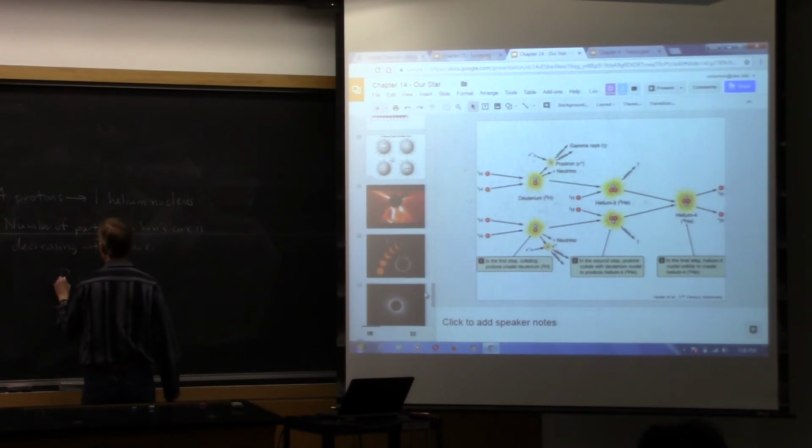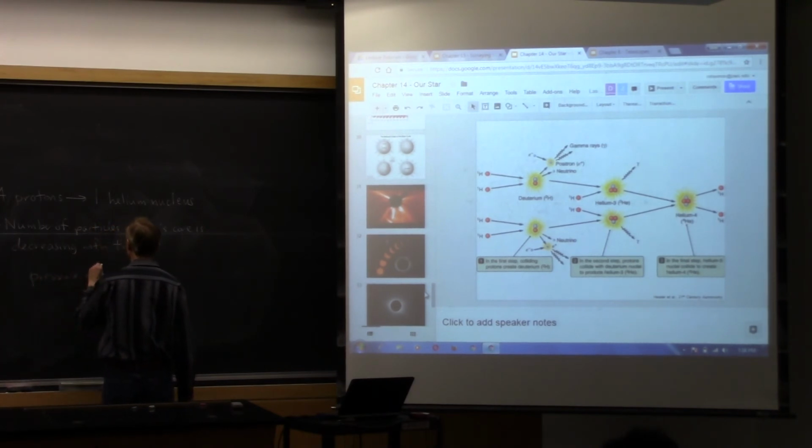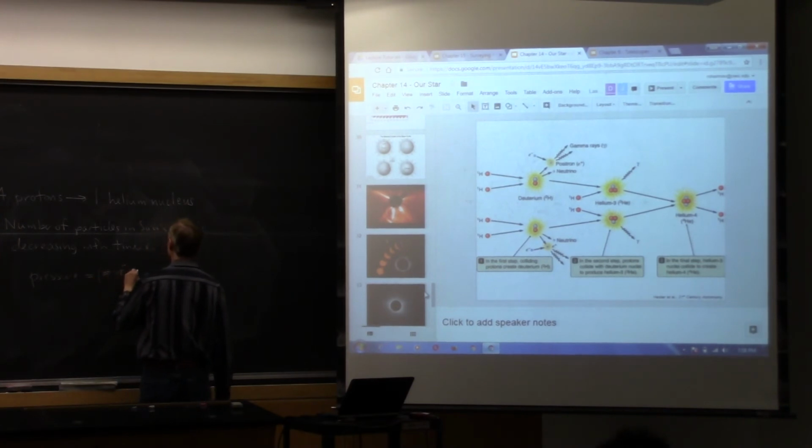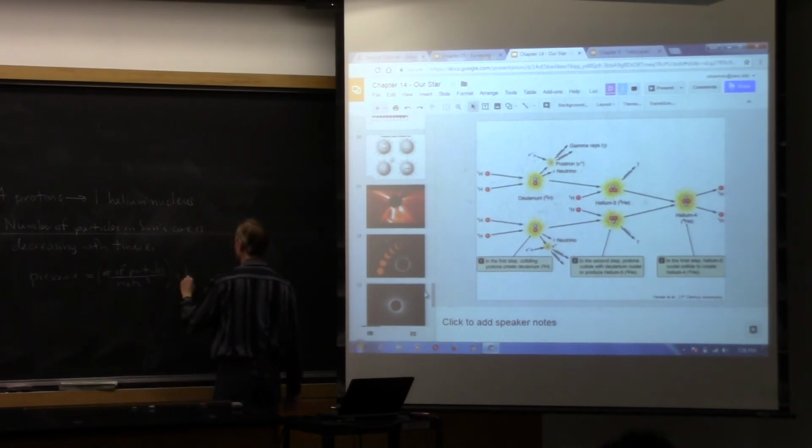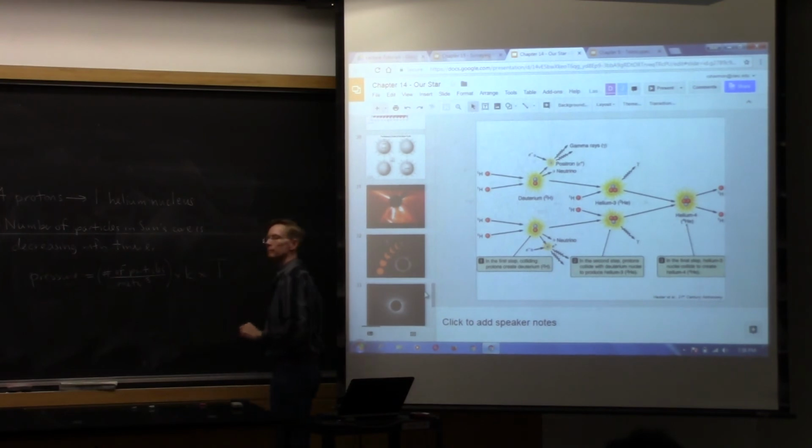Now, it turns out that pressure equals number of particles per cubic meter times what's called the Boltzmann constant times the temperature.